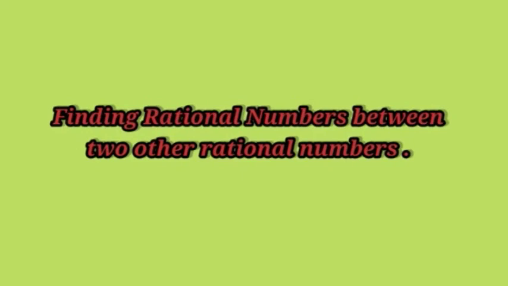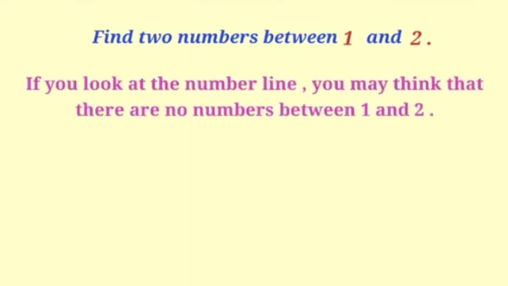Next topic. Finding rational numbers between two other rational numbers. Question. Find two numbers between 1 and 2. If you look at the number line, you may think that there are no numbers between 1 and 2.